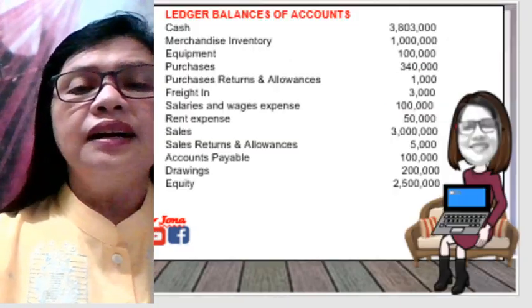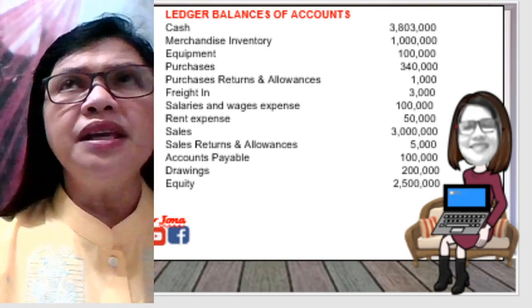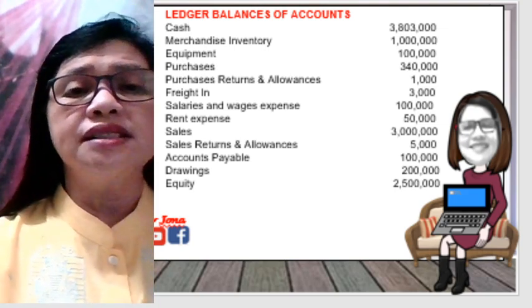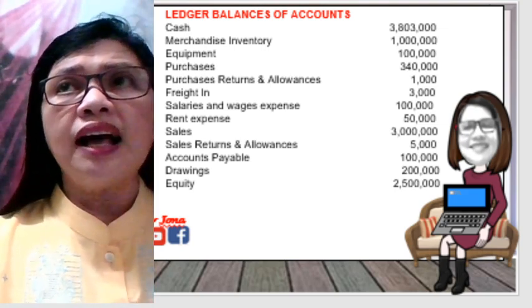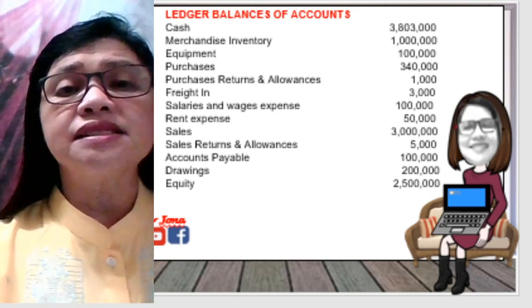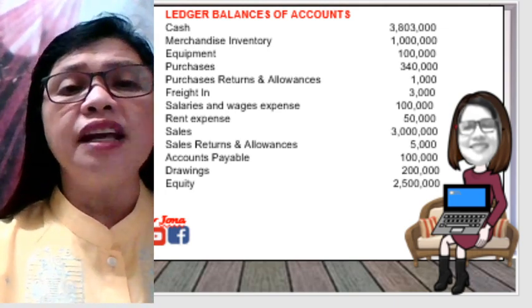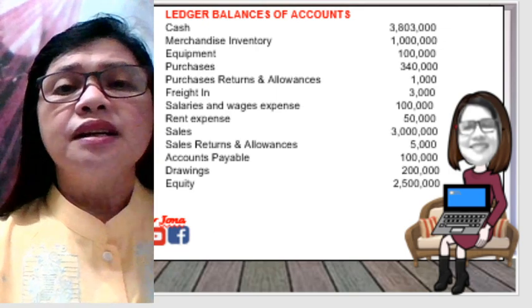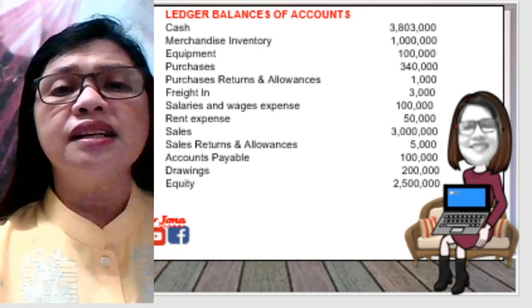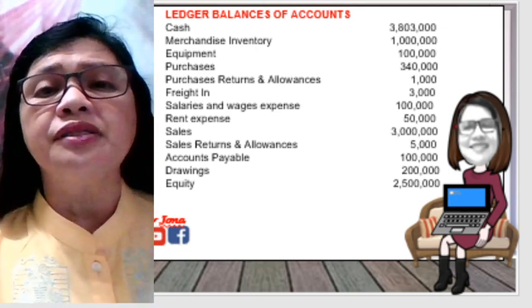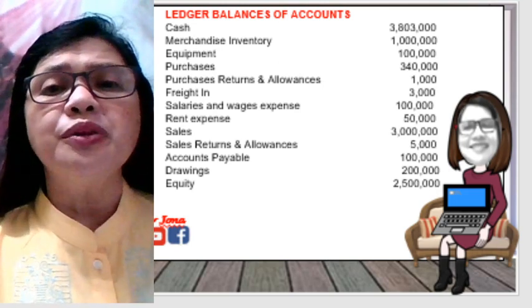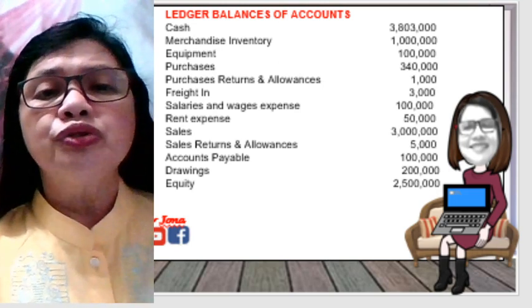Then only 3 accounts have changes, which is the equity, the cash, and the purchases. The rest, they remain the same, so we just copy them. Merchandise inventory, etc. Cash 3,803,000, merchandise inventory 1 million, up to equity.